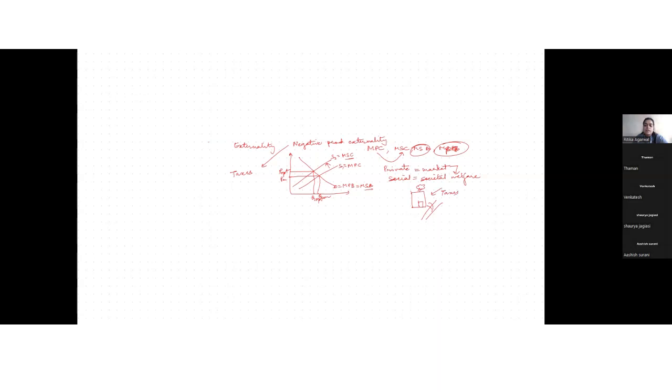on a firm, the supply curve will shift. If taxes are imposed on a firm, will the supply curve shift to the right or the left?